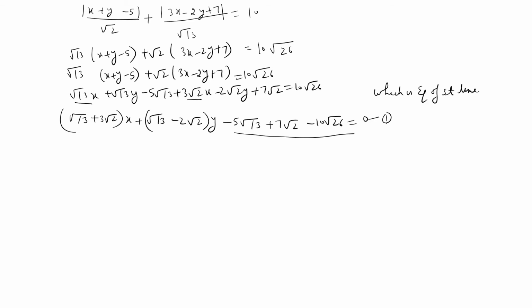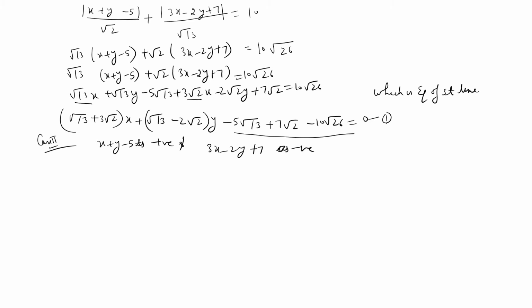Okay, second one, you can consider case number 2. You take the line x plus y minus 5 as positive and 3x minus 2y plus 7 as negative.